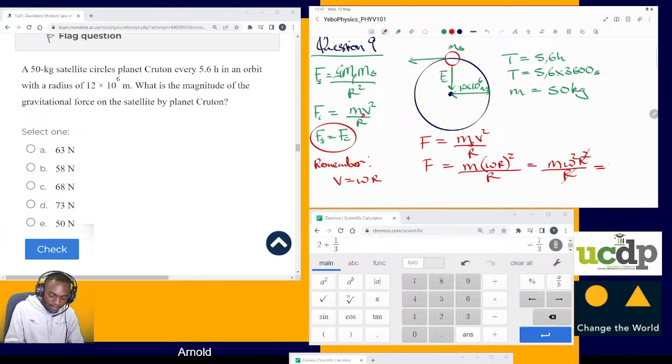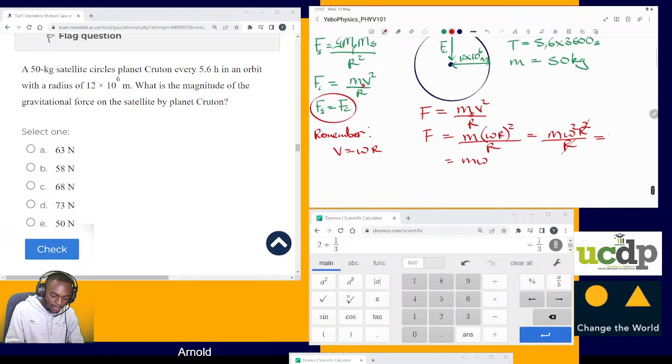You will then be equal to m omega squared R. That would be your force.